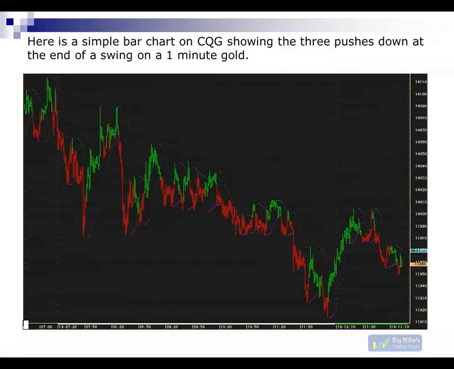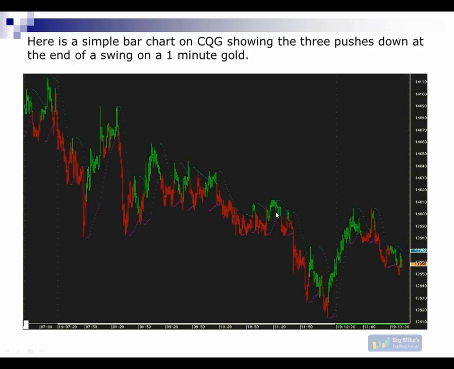But let's go on now and let's format the data slightly differently. We're going back to a basic bar chart, and we're going to have 0 indicators on these charts. I just put up a 1 minute CQG chart of gold, and I want to show you the difference in feel that adding volume to this will do.